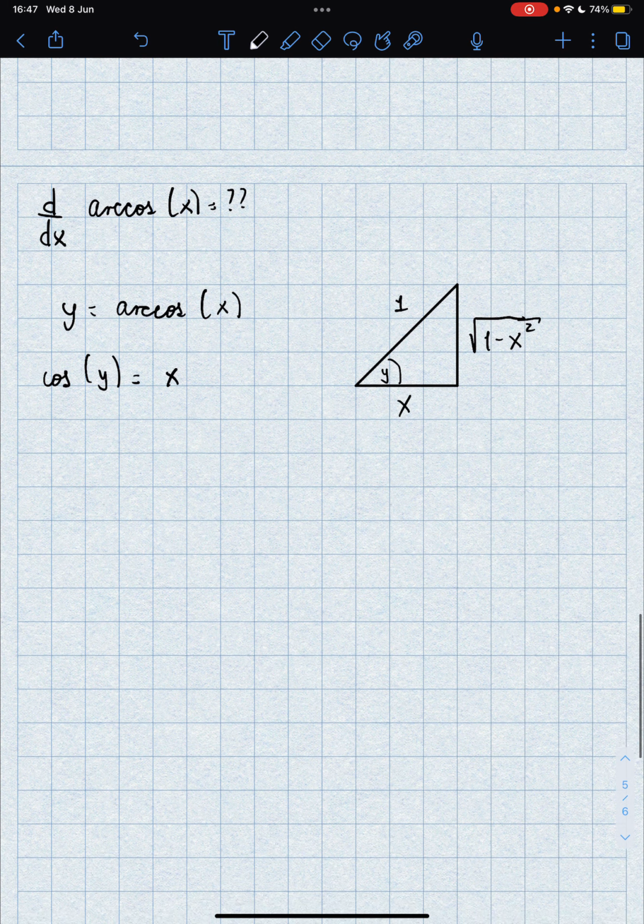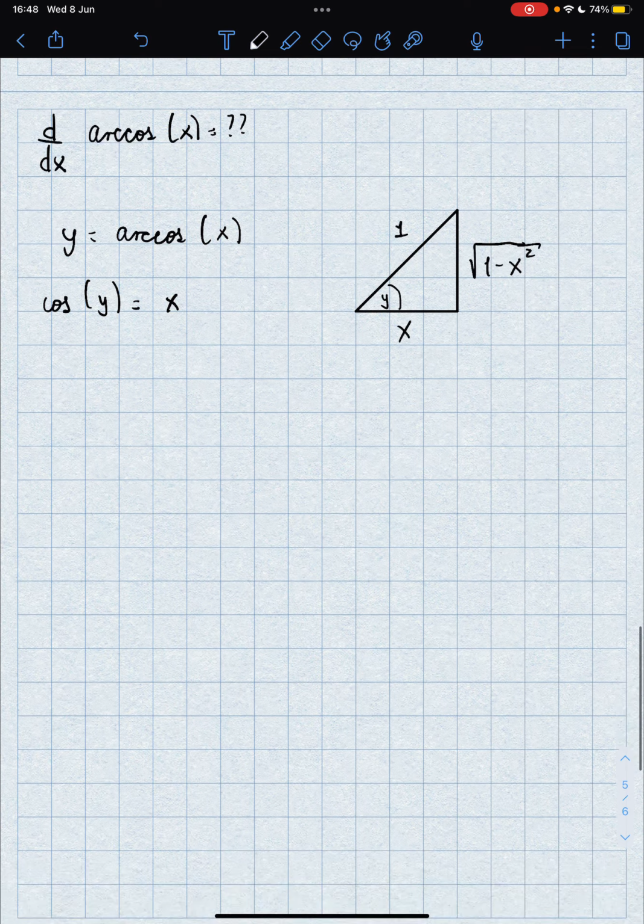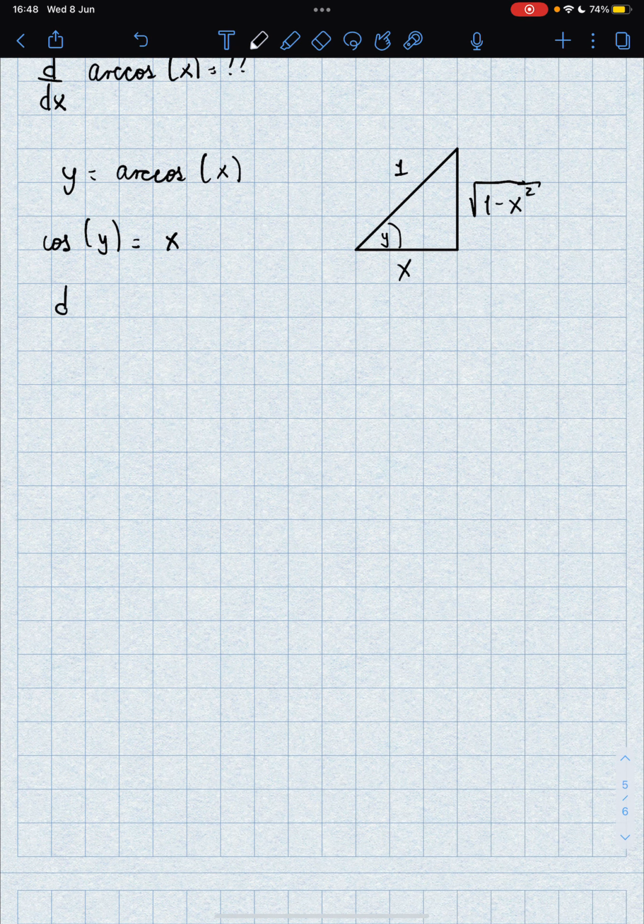Now, once we have this, we need to derive this one and this one. So I'm gonna have the derivative of cosine, which is minus sine of y, multiplied by what is inside, this is dy/dx. And here is just 1.